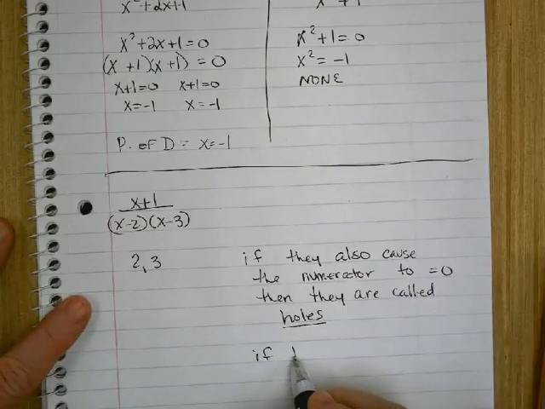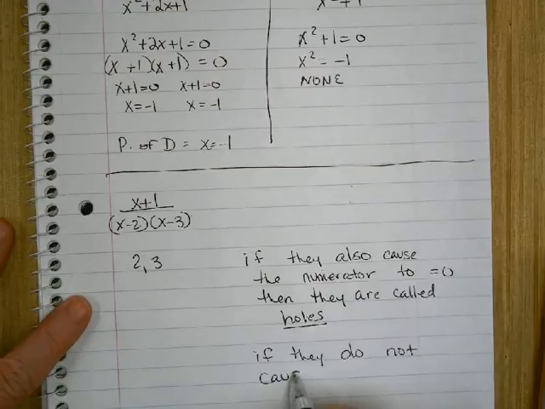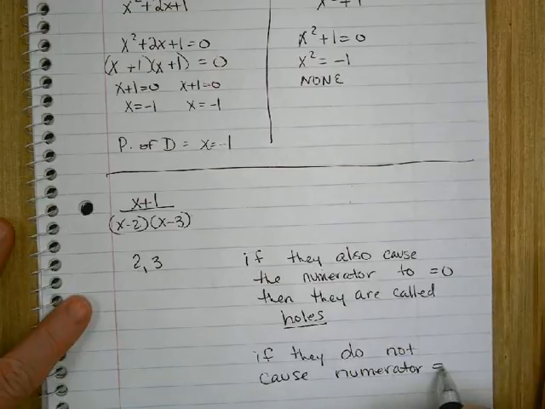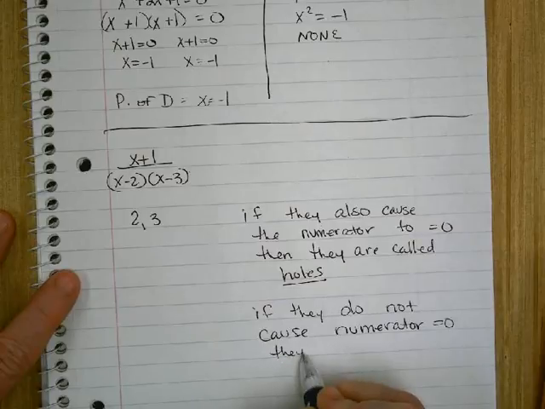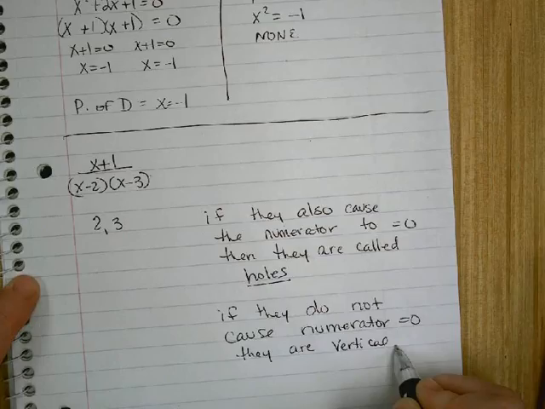If they do not cause the numerator to equal 0, they are vertical asymptotes.